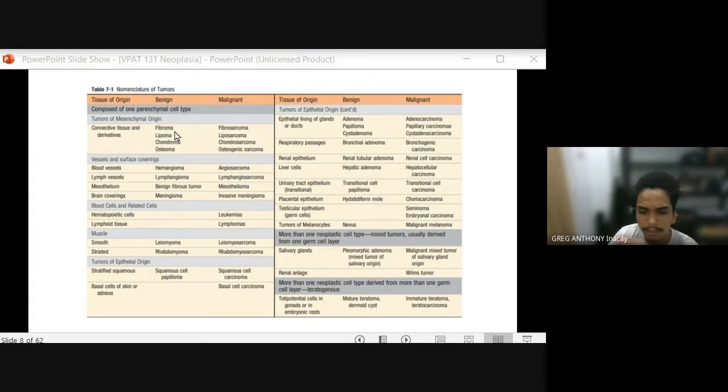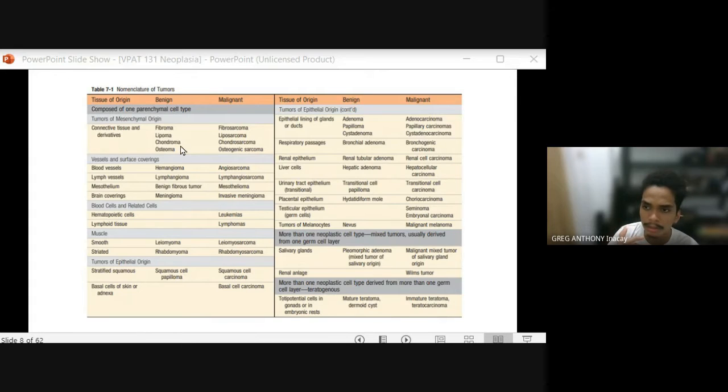In malignant neoplasms, the terms carcinoma and sarcoma are added with the cell type from which the tumor arises. So malignant tumors of mesenchymal origin use the term sarcoma, while those of epithelial origin use carcinoma. So for example, the malignant form of fibroma is fibrosarcoma, which is a malignant tumor of fibrous connective tissue cells, and the malignant form of chondroma is chondrosarcoma, which is a malignant tumor of chondrocytes.